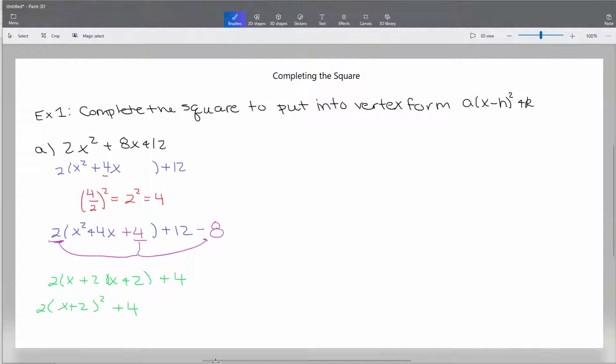Okay, let's look at another example like this. Okay, so I'm going to start again by factoring out my leading coefficient 3.